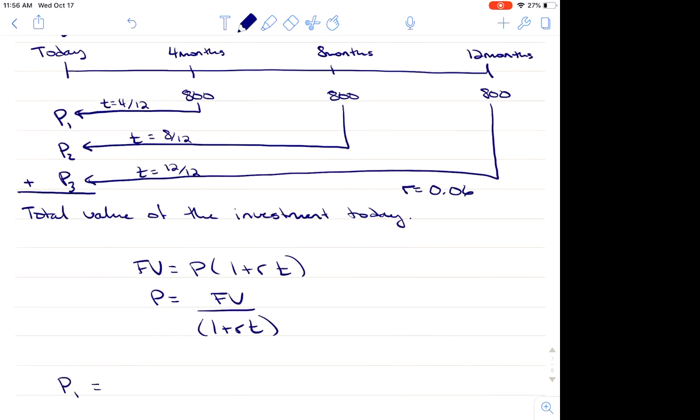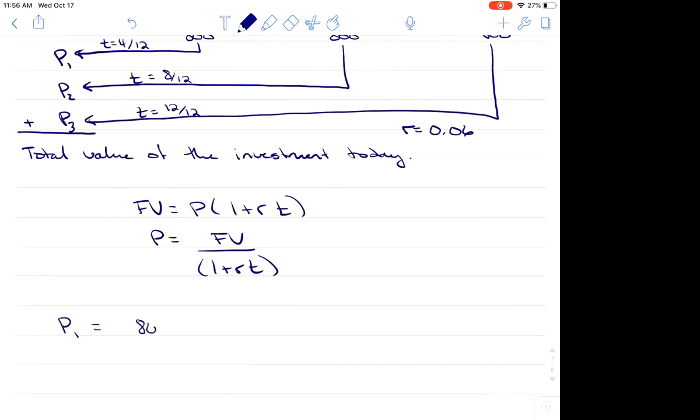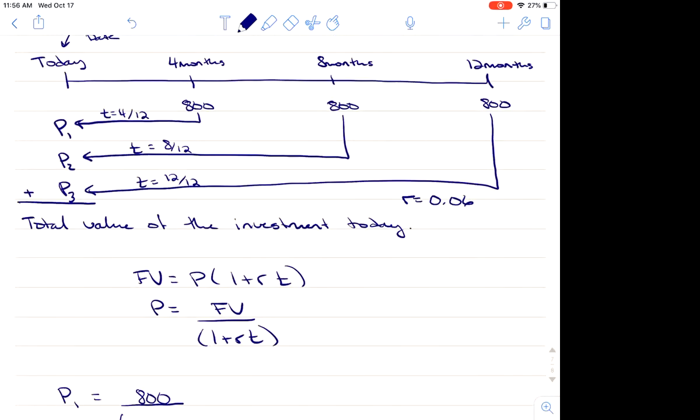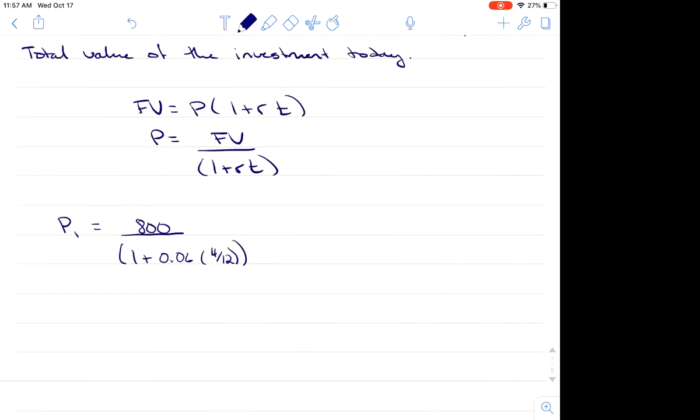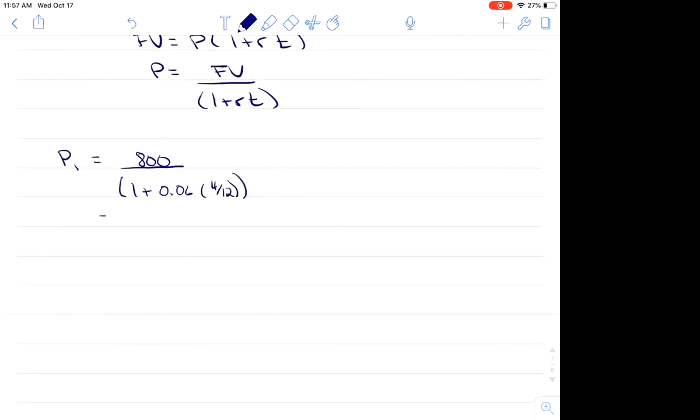So it's 800 over 1 plus the rate, 0.06, times the time for this one, which is 4 out of 12. It's just the time that's going to change for each of these. So that's nice. We do 4 divided by 12 times 0.06 plus 1. So I get 800 divided by 1.02.